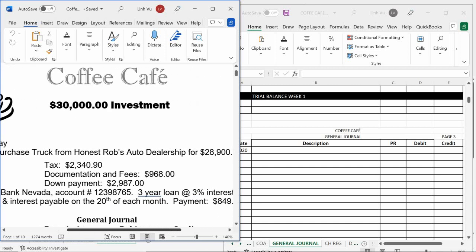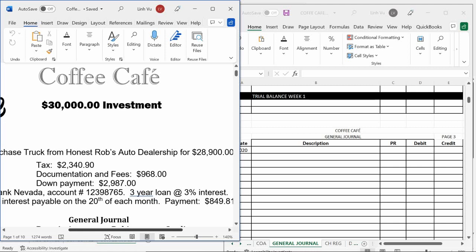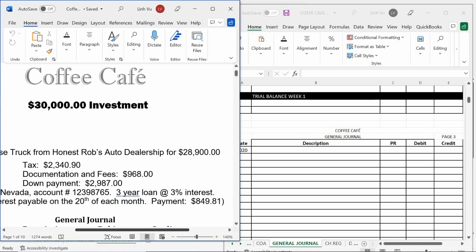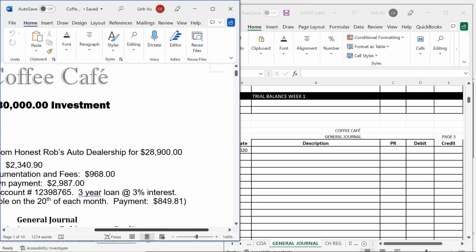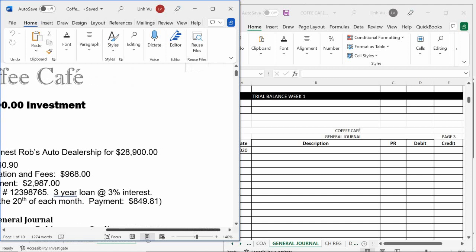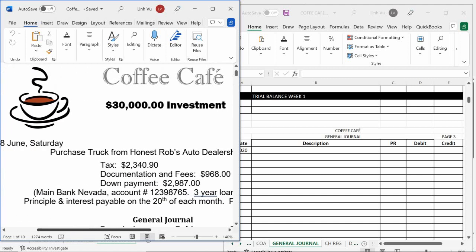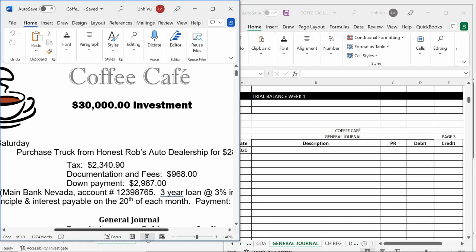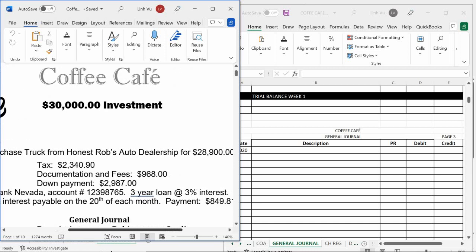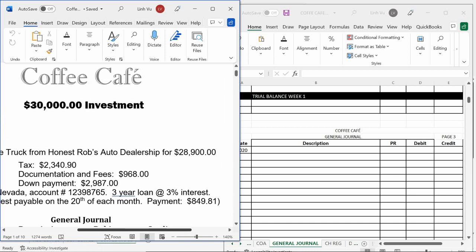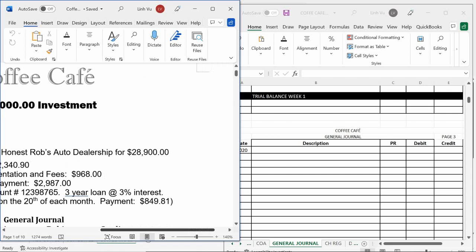Under the account number 12397986765, it is a 3-year loan at 3% interest, with principal and interest payable on the 20th of each month. The payments are usually pre-calculated.